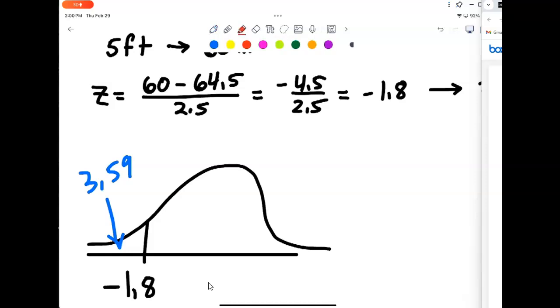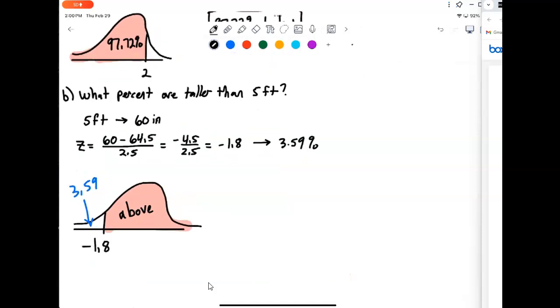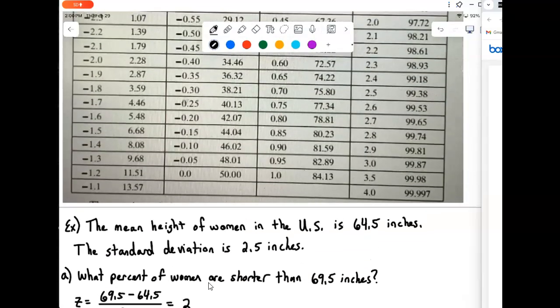But that's not what we want. We want this amount here, this percent above. So what we have to do when we are dealing with the percent above, since the chart's always going to tell us below, but we want higher than, is realize the whole picture is 100%.